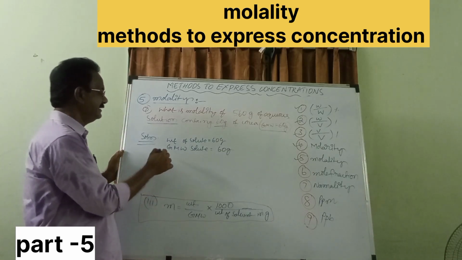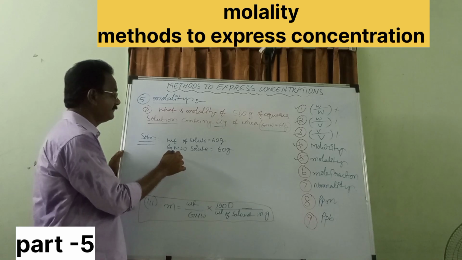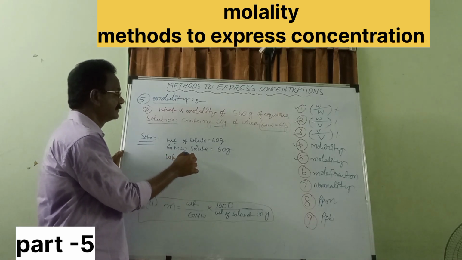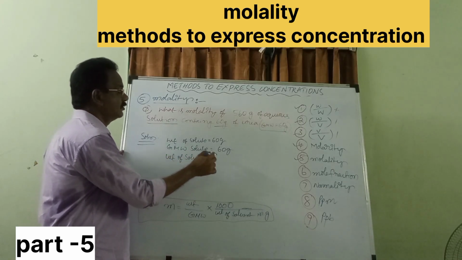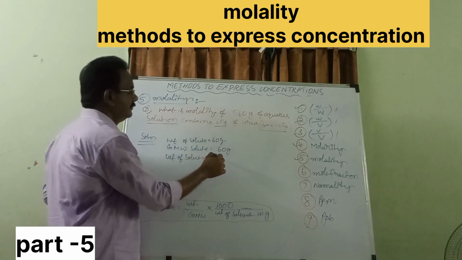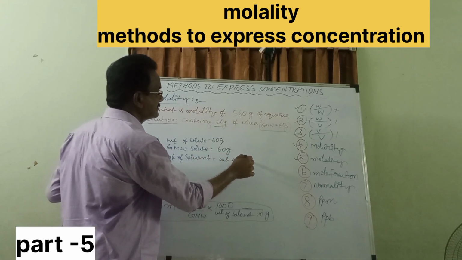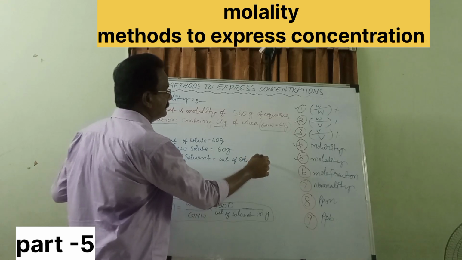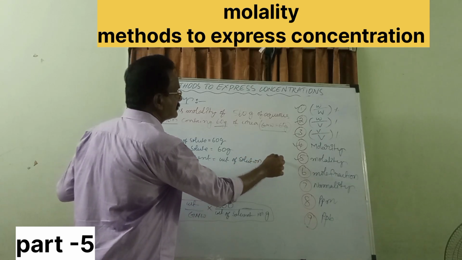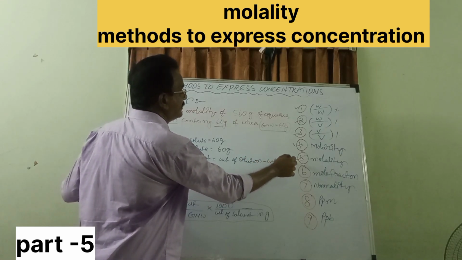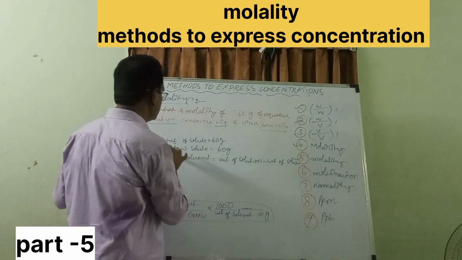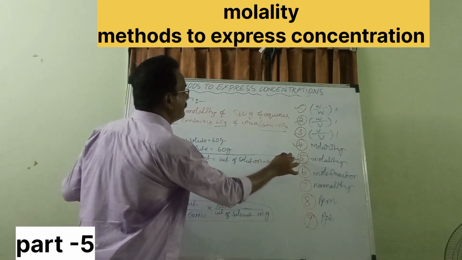Here now weight of solvent is equal to weight of solution minus weight of solute. This is very, very important. For such problems, we have to go through this step.